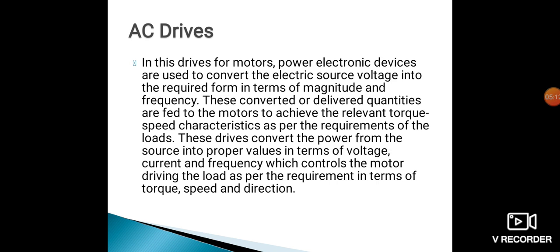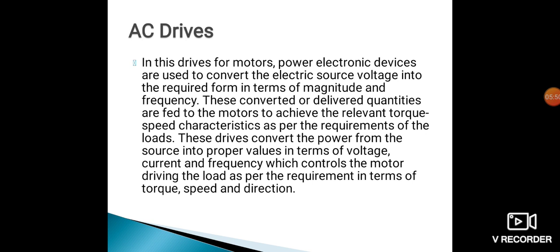These converted quantities are then given to the motors to achieve the relevant torque speed characteristics as per the requirement of the load. So, according to the requirement of load, the input is changed in terms of magnitude and frequency, and this changed supply is then given to the motor for achieving the desired speed torque characteristics.